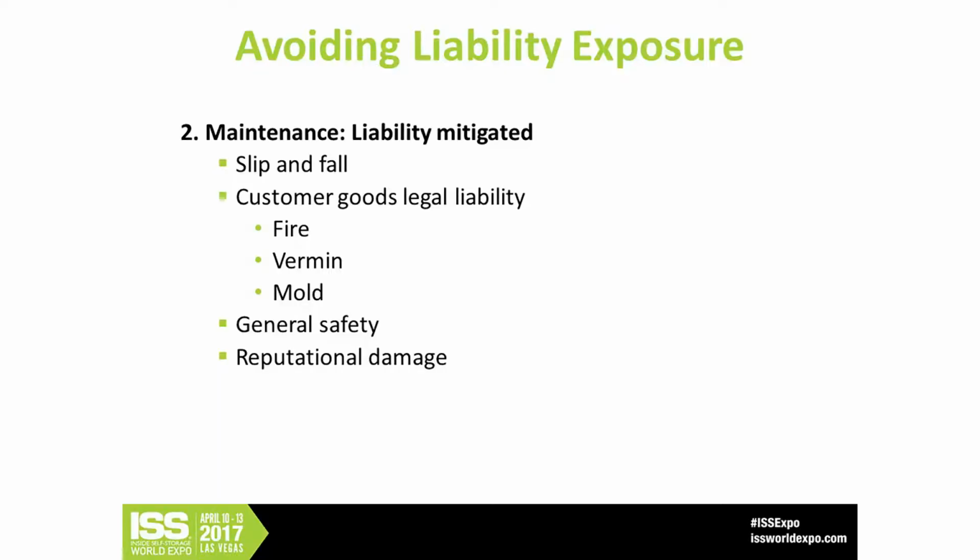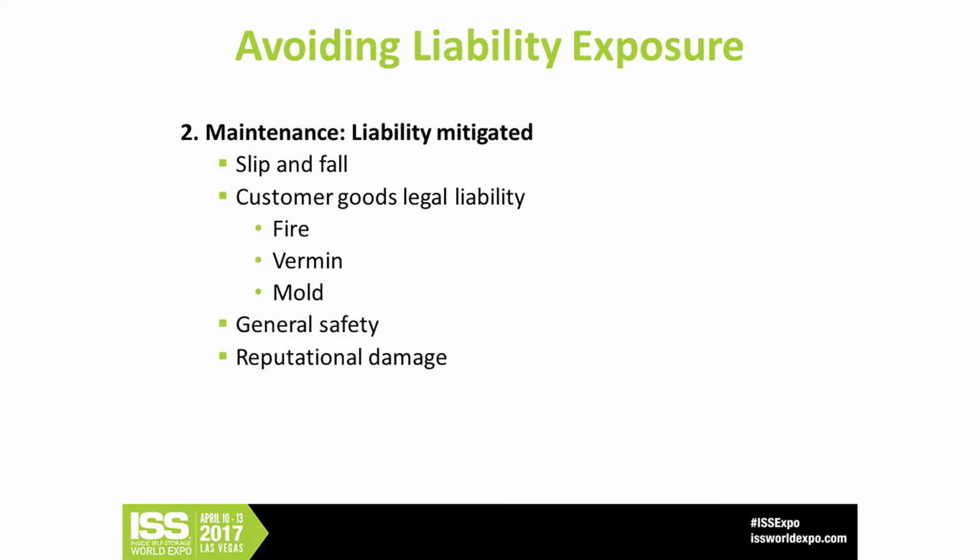Again, pest control, making sure we're taking care of it from a maintenance standpoint, and climate control equipment, making sure we're maintaining it properly and not creating a potential liability exposure as a result of our lack of maintenance. As a result of our maintenance, hopefully we're going to reduce our slip and falls. We're going to reduce any potential customer goods legal liability from fires, vermin, mold.